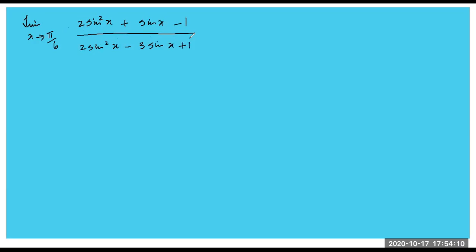Okay. So one sum I'm taking from exemplar. He says write down limit x approaches pi by 6 of 2 sine square x plus sine x minus 1 divided by 2 sine square x minus 3 sine x plus 1, by using factorization method.